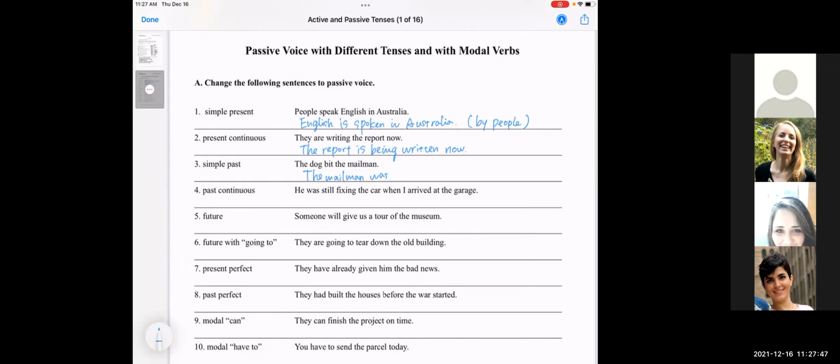I think bit. It's bitten, B-I-T-T-E-N. Beaten, yeah. Beaten by the dog.